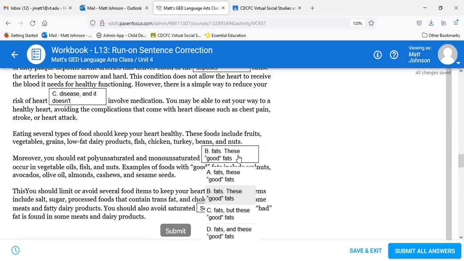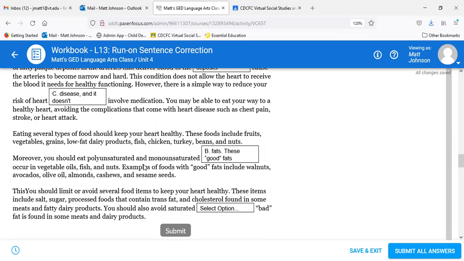This one kind of bugs me because this would be correct as well, right? You could add a comma, and these good fats occur in vegetable oils. It kind of makes me mad that they give you two correct ideas here.